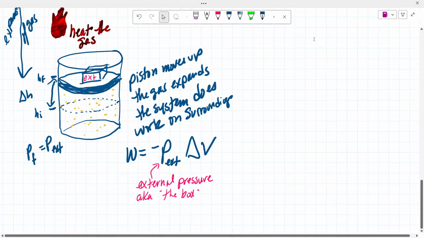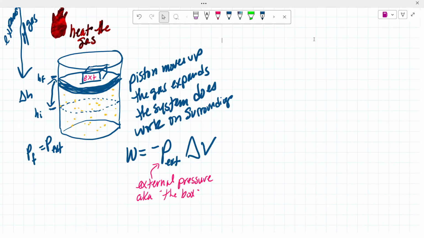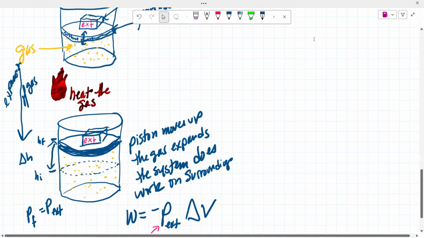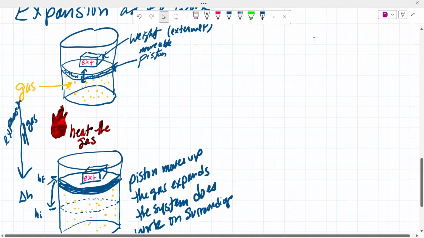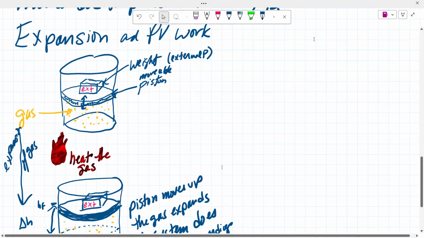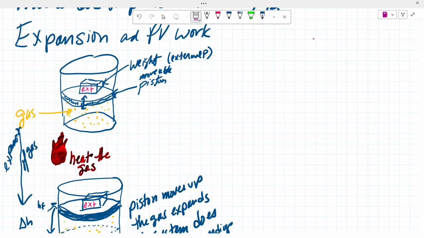So just to pick up where we were, we were talking about work and PV work using pistons. So when we have the expansion and PV work, in this case, we are going to have delta V greater than 0.